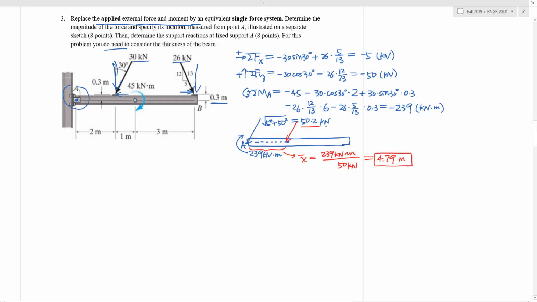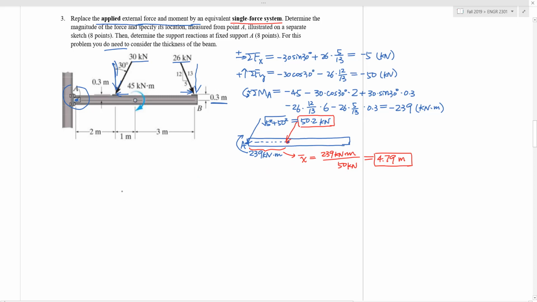So if you only look at the red force, this red force represents the final answer for the first part. That's your single force system placed at the location right here, at 4.79 meter away from point A.